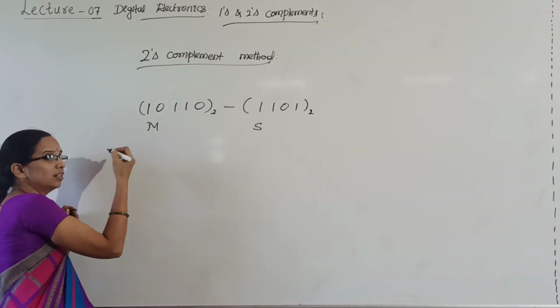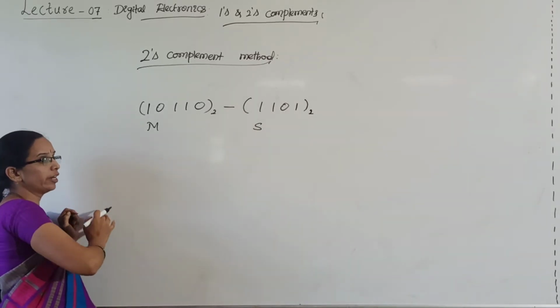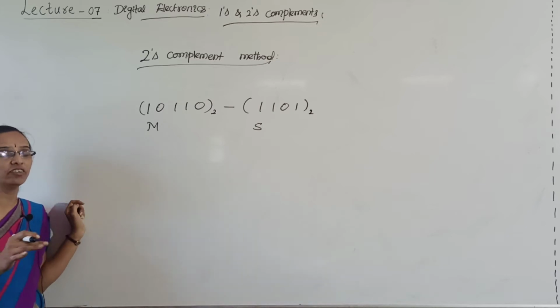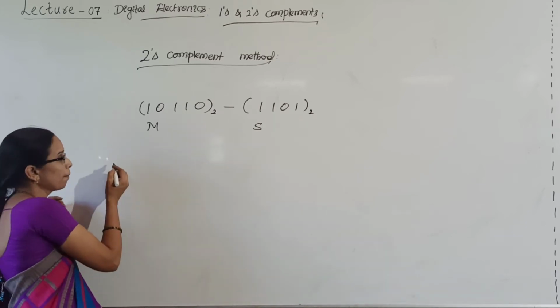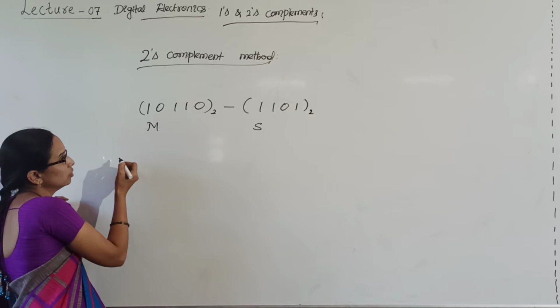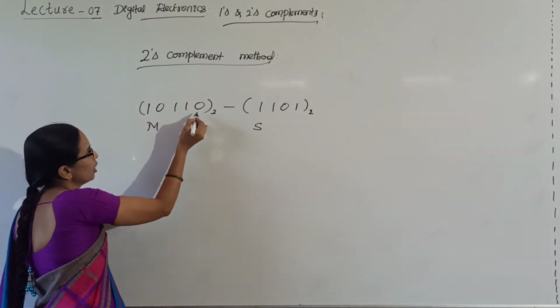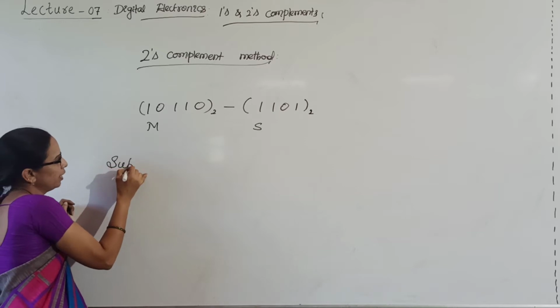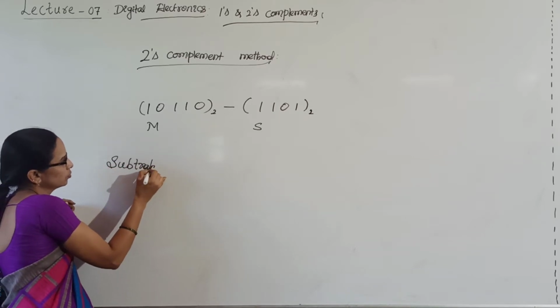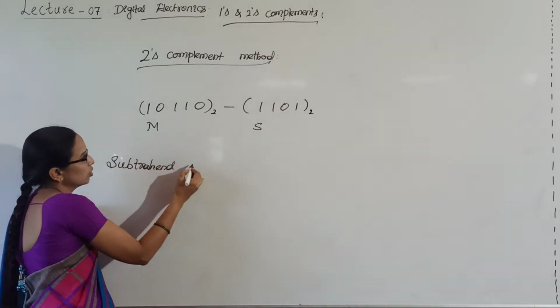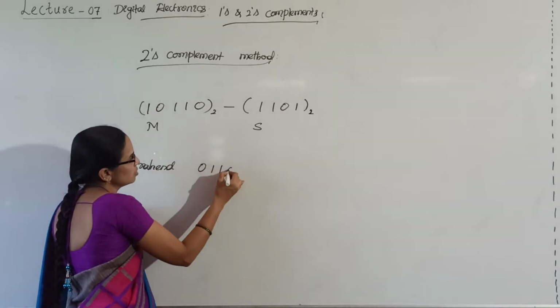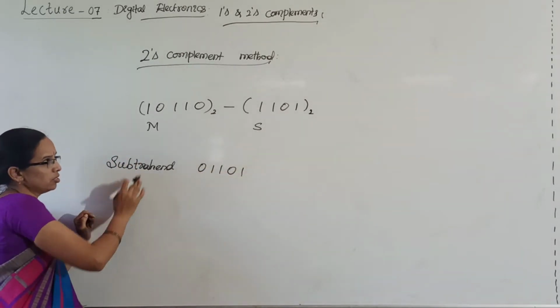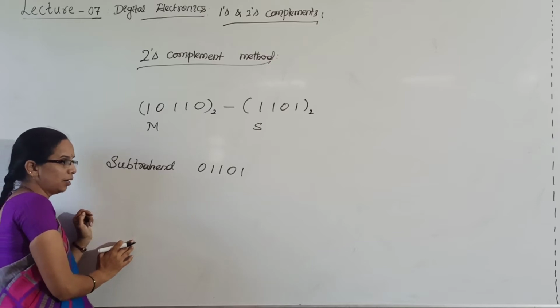I have to take the 1's complement of the subtrahend first and then add 1 to that, then we get the 2's complement of the subtrahend. The number of digits in the minuend is 5 and in the subtrahend it is 4, so I will make our subtrahend 01101, because the number of digits should be the same.